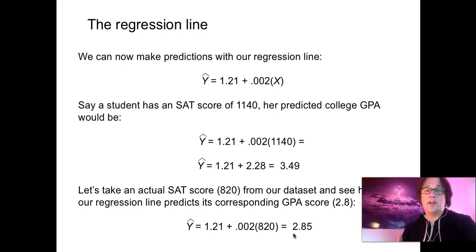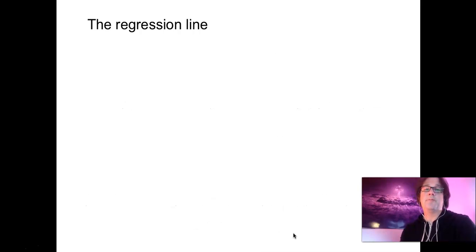Their actual Y score was a 2.8. So my model says someone with an SAT of 820 will have a GPA of 2.85. Their actual Y score was a 2.8. Their predicted Y score based on my regression model was a 2.85. Not bad, right? Pretty close. Pretty decent prediction in that regard.